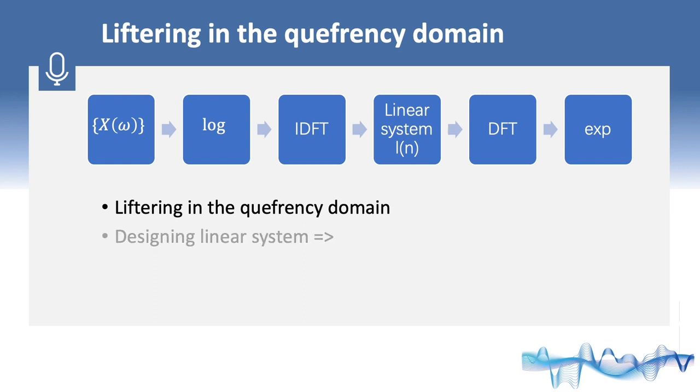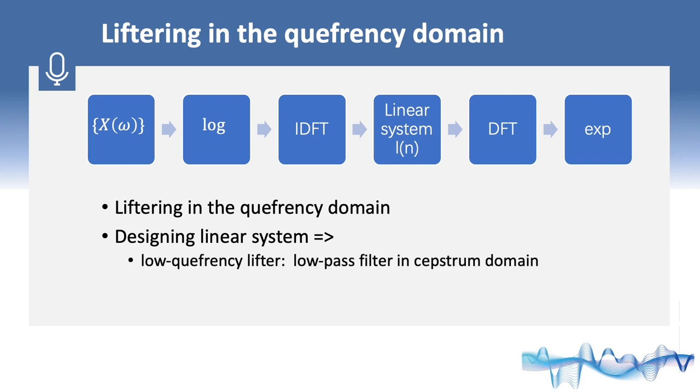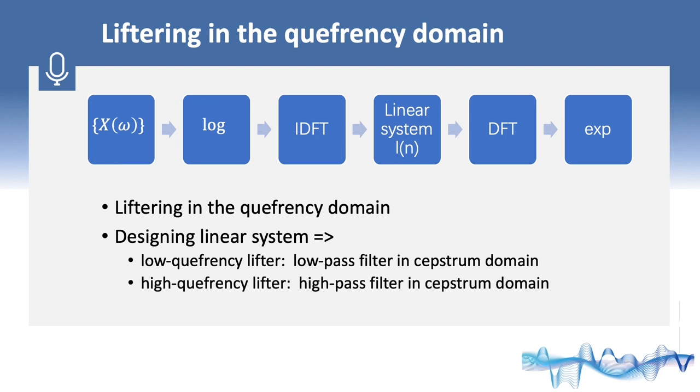Then, through designing a linear system, we could get a low frequency filter corresponding to a low pass filter in the spectral domain, and a high frequency filter corresponding to a high pass filter in the spectral domain. Then, by means of Fourier transform and exponent function, a homomorphic spectrum will be obtained.